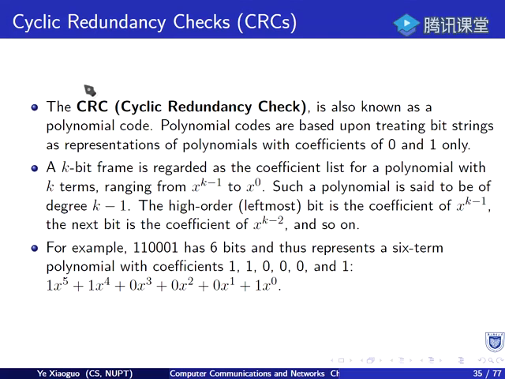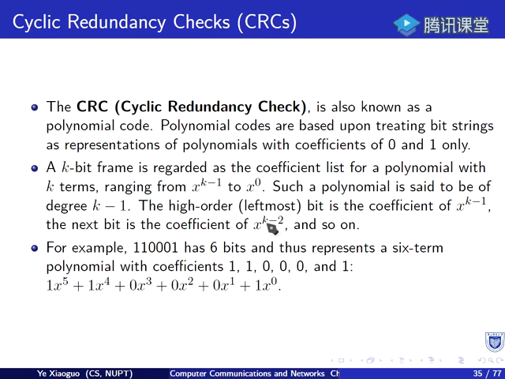So in this chapter, we will talk about CRC code in detail. The CRC code is also known as a polynomial code. Polynomial codes are based upon treating bit streams as representations of polynomials with coefficients of 0 and 1 only.